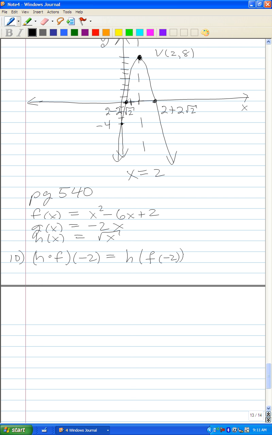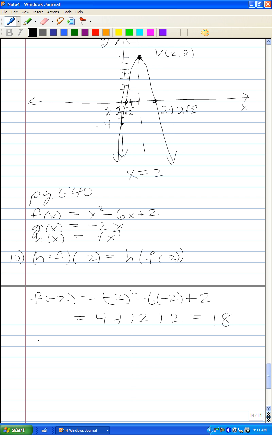And so let's determine f at negative 2. Plug in for x, negative 2. And so negative 2 squared is 4. Negative 6 times negative 2 is 12. Plus 2 is 18.